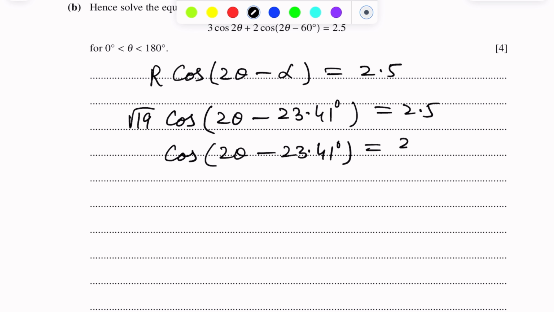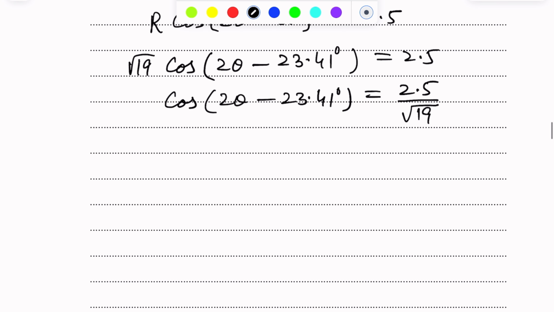Dividing 2.5 by root 19 by cross multiplying, cos(2 theta minus 23.41 degrees) is equal to 2.5 over root 19. In decimals, the value of 2.5 over root 19 is 0.5735. So cos(2 theta minus 23.41 degrees) is equal to 0.5735.